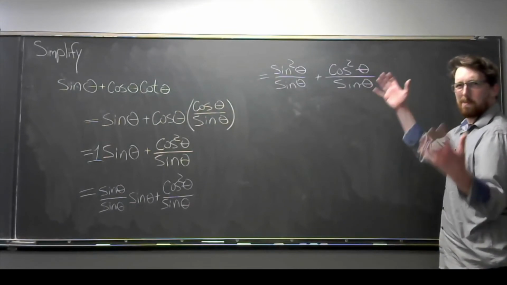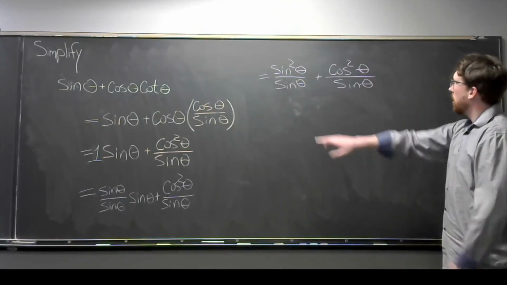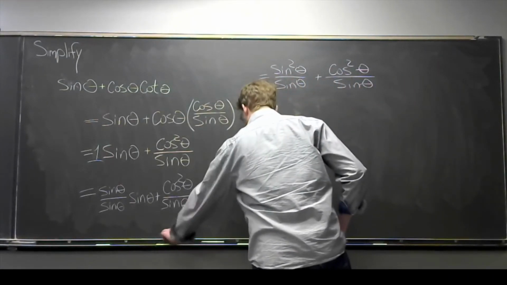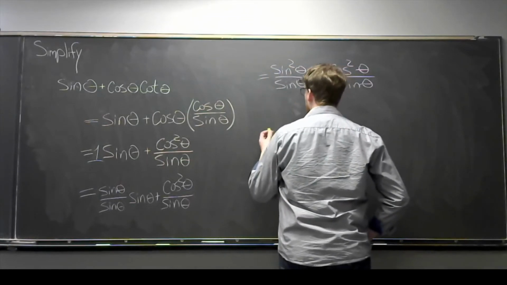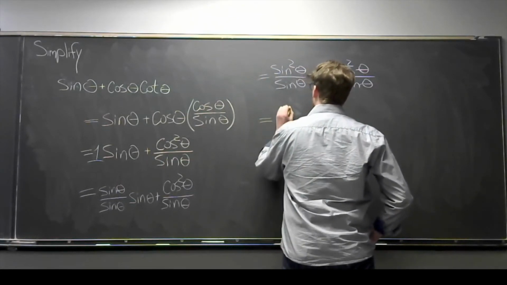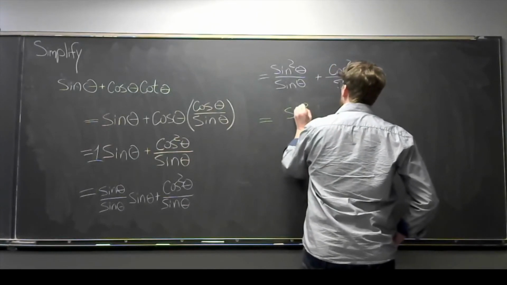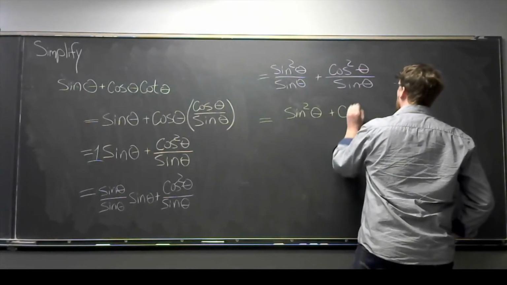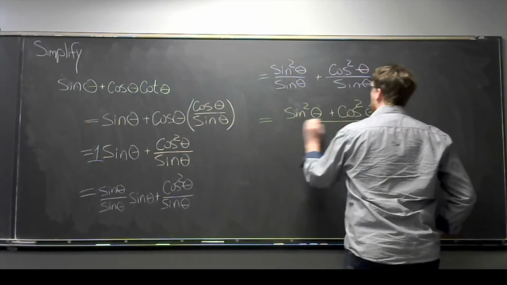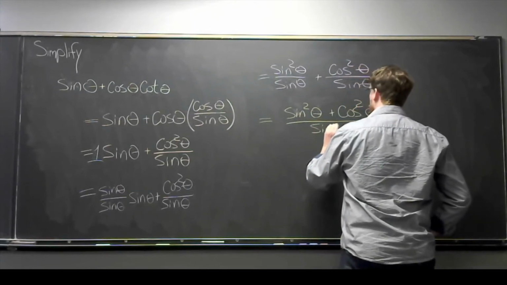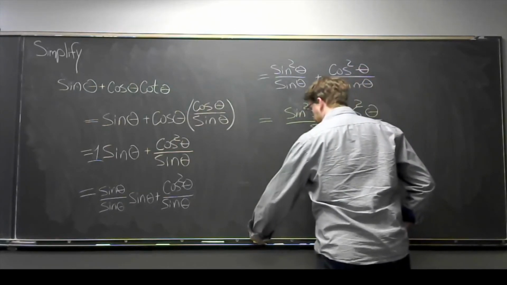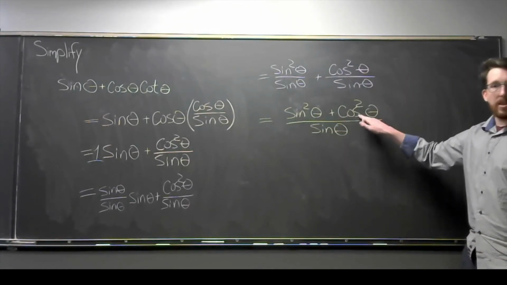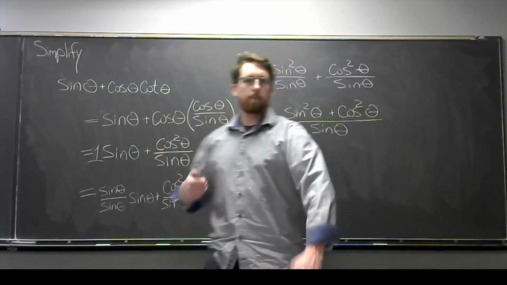And I can just bring these all into one fraction, right? Since they have the same denominator, I can just rewrite this as sine squared theta plus cosine squared theta all over sine theta. Well, these turn into 1, right? That's an identity. That's a Pythagorean identity.